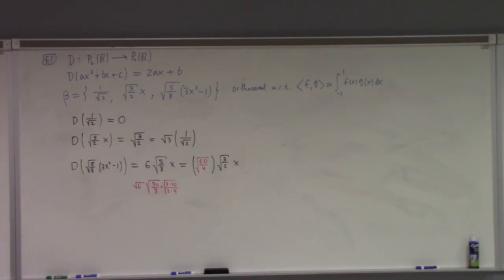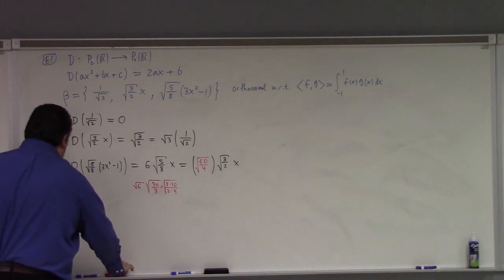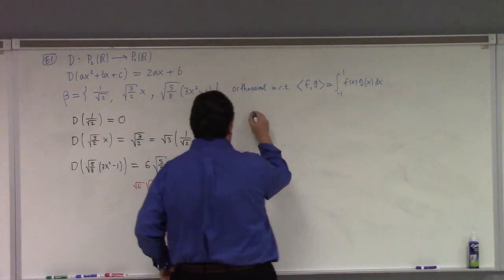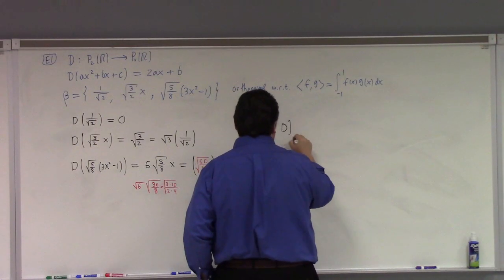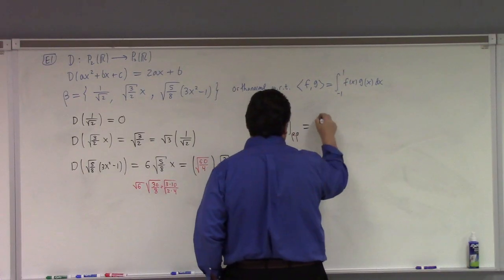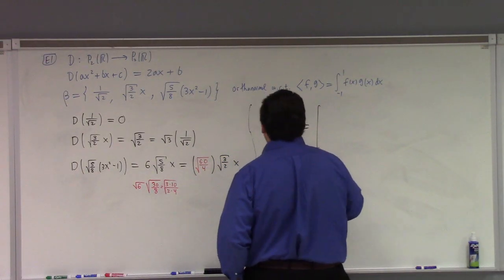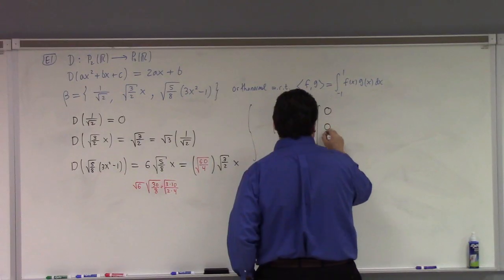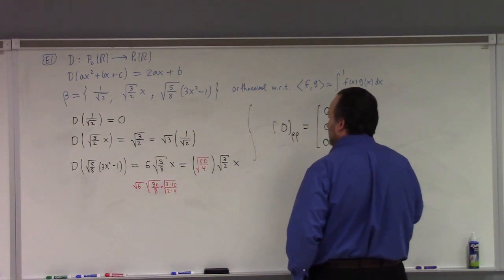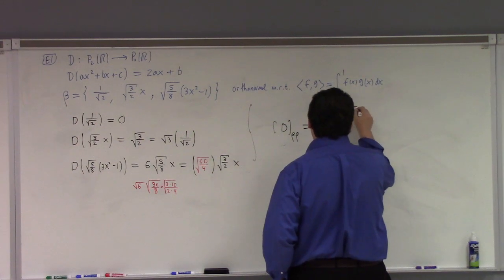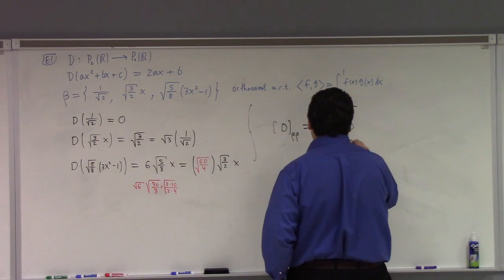All right, so put this all together, right? And this shows me that the matrix of D with respect to the beta basis is equal to, all right, so the first column is 0. The second column is root 3 up here, and then zeros.